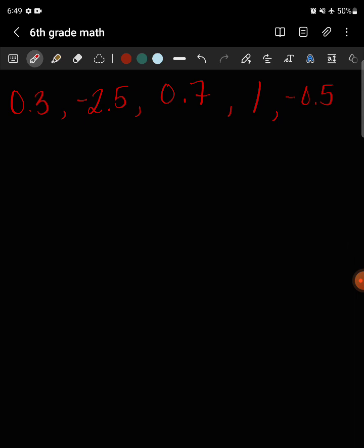All right, what I want us to do is compare all of these numbers using inequalities. All right, so I don't want you to be like, whoa, Mr. Beavers, what's going on here? This is a lot. I want us to really take a moment and think about this logically. So the first thing that we can do that can make this very easy on us is to put this into a number line. All right, I got my number line and I got 0 right here.